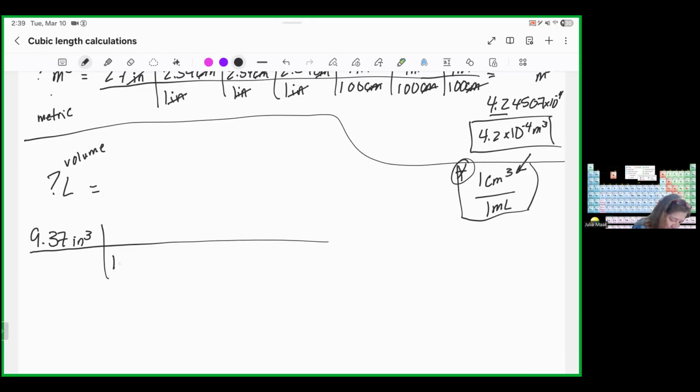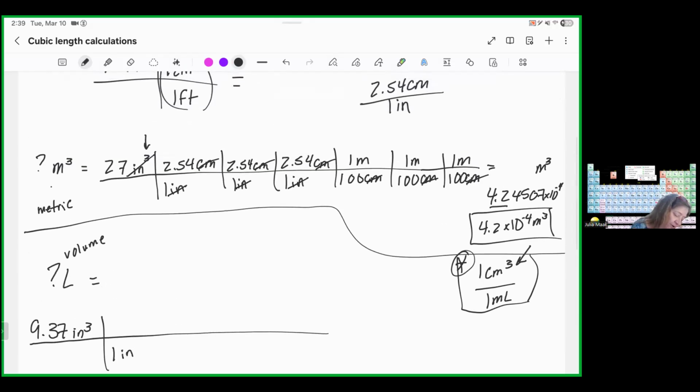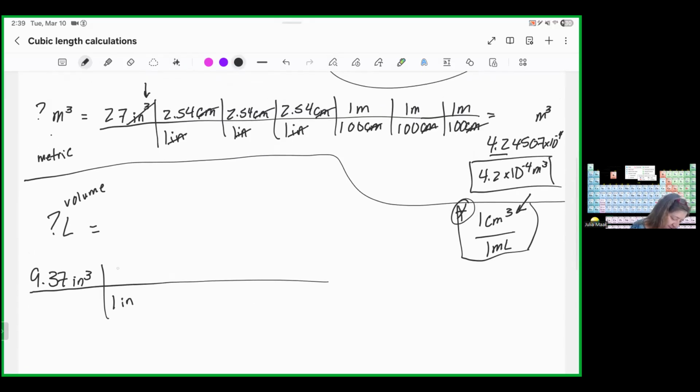Okay, so we know 1 inch from up here is 2.54 centimeters. But we need to cancel 3 of those, so we need to write it down 3 times. Okay, so those 3 inch units cancel those 3, and I'm at cubic centimeters now.